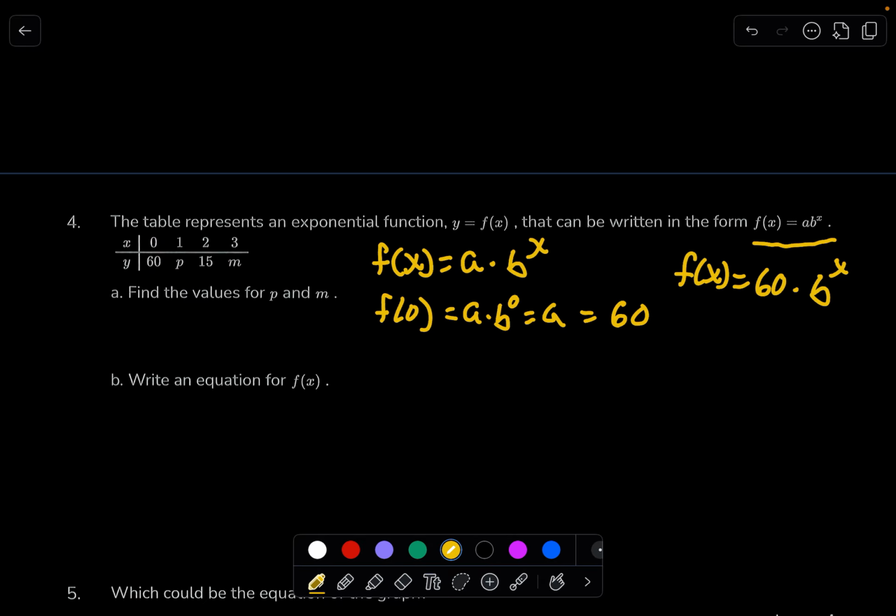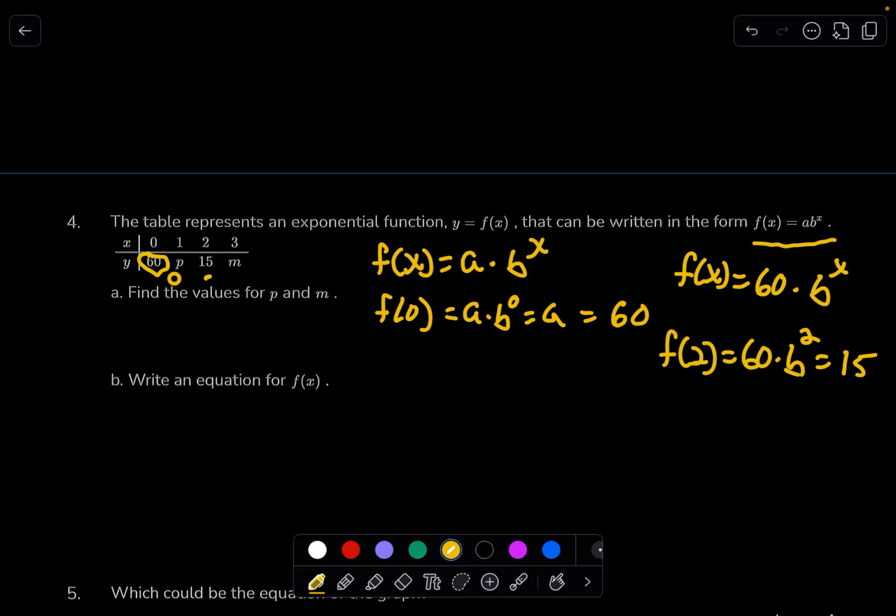So we know that starting at 0, we're at 60. Then when we go to 2, the value f of 2, which equals 60 times b to the second, must equal 15. All right, that gives us an equation to solve for b.